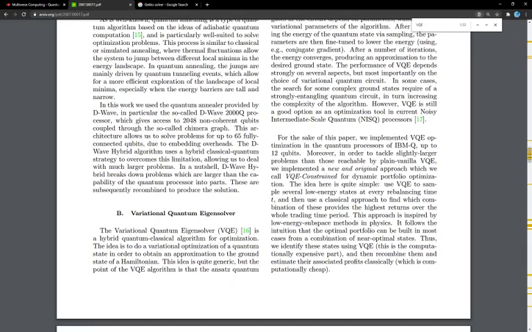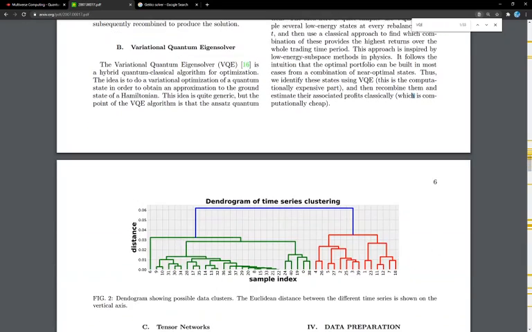This approach is inspired by low-energy subspace methods in physics. It follows the intuition that the optimal portfolio can be built in most cases from a combination of near-optimal states. Thus, we identify these states with VQE. This is the computationally expensive part. And then recombine them and estimate their associated profits classically, which is computationally cheap.